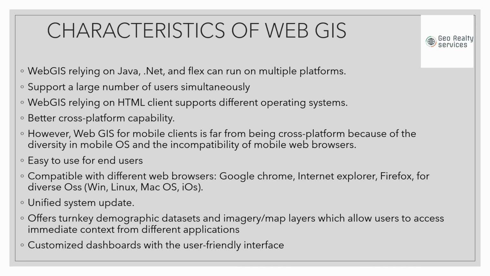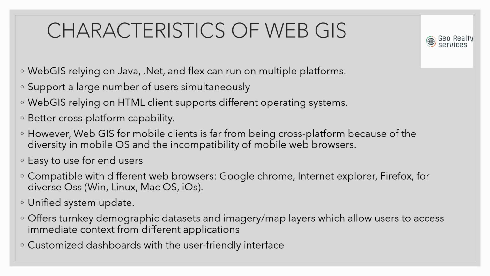WebGIS relies on Java and runs on multiple platforms. It supports a large number of users simultaneously. WebGIS relying on an HTML client supports different operating systems, with better cross-platform capability.